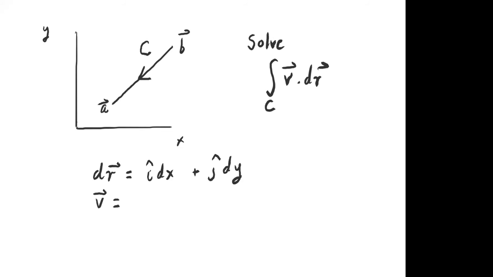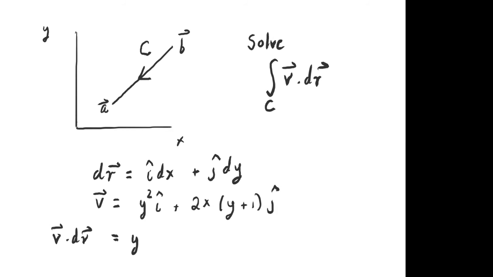So again, let me remind you, in this problem, v was y squared i hat plus (2xy plus 1) j hat. So again, v dot dr, that's easy to evaluate. That's y squared dx because of the dot product properties of the unit vectors.